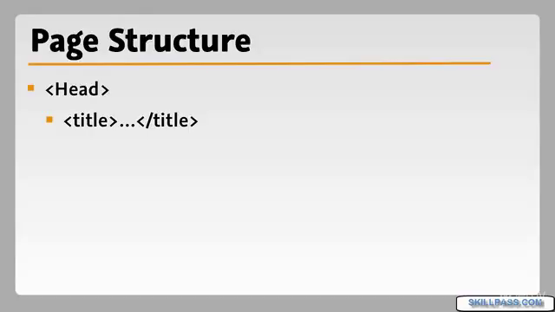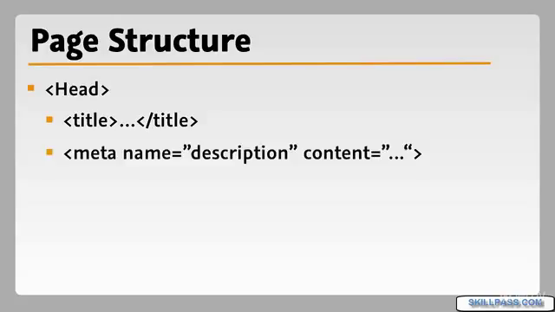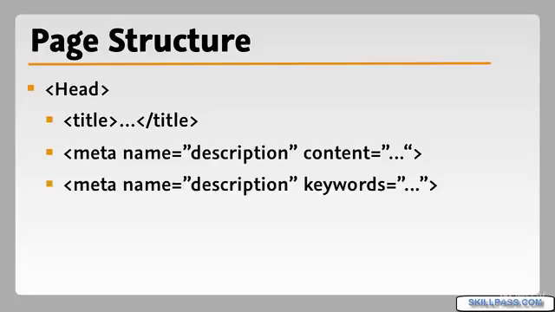You have an opening tag and a closing tag with that slash that closes the tag. Now, a meta description is a description of the page. A meta keyword is a list of keywords that are relevant to the content on the page. Those three areas are contained in the heading.